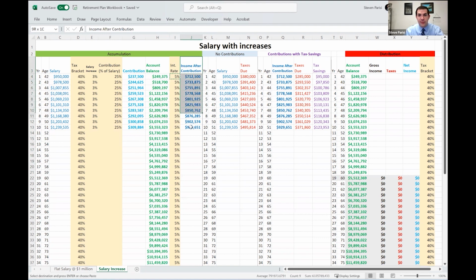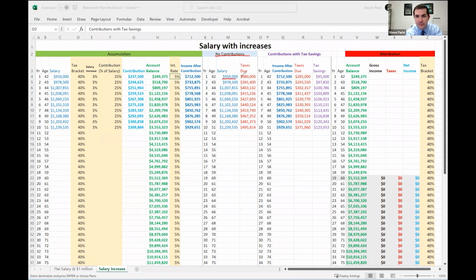Then we've got income after contribution. This will be valuable as we look at the next two sections. So we see no contributions shaded in light blue, and then in purple, contributions with tax savings. This is meant to give a consumer a side-by-side comparison. No contributions. If they said, forget it, I'm not going to do this qualified plan because I want access to my capital.